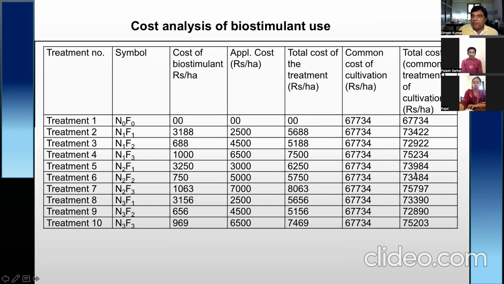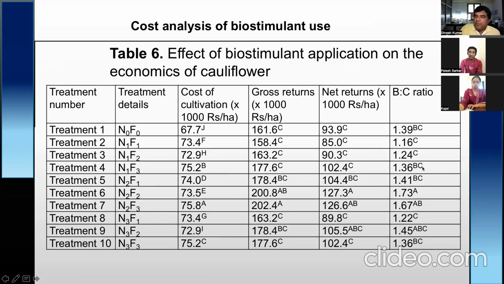And then we can work out the prices of the output and deduct this total cost, and you will get the profit, or you will get the net return. Net return can be obtained by total price of the output minus total cost. So finally, you get BC ratio. It is calculated from net returns, and net returns are divided by cost of cultivation. Then you get BC ratio.